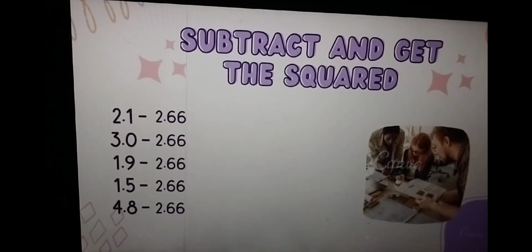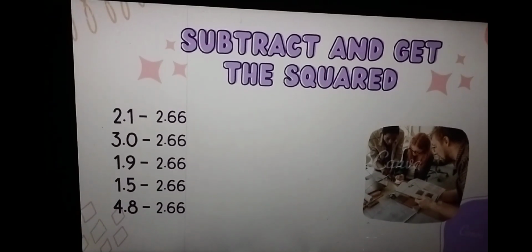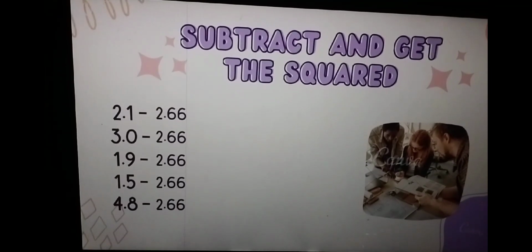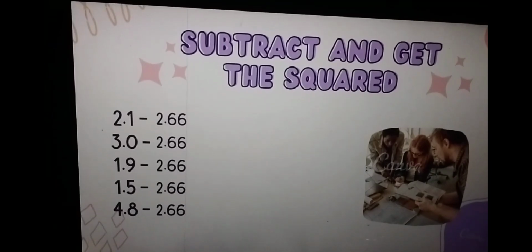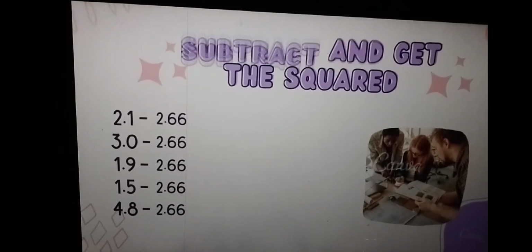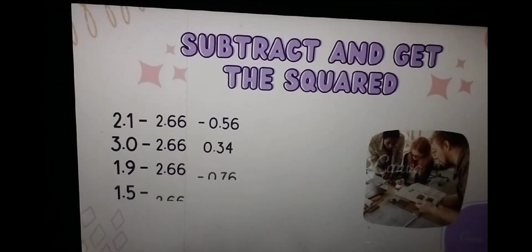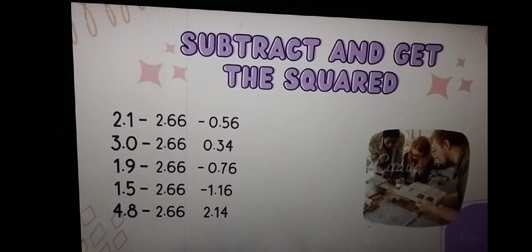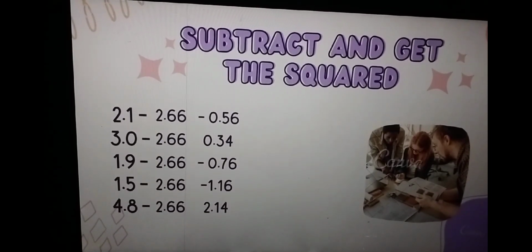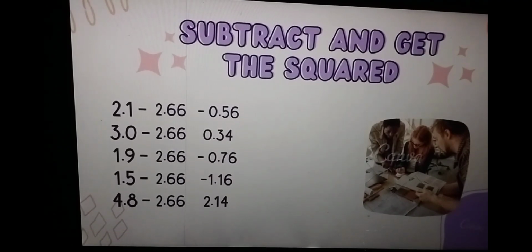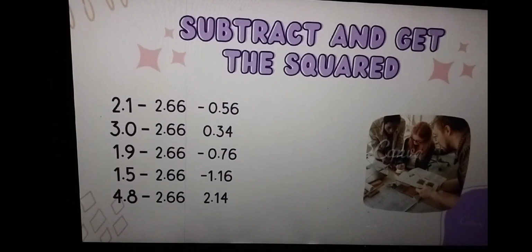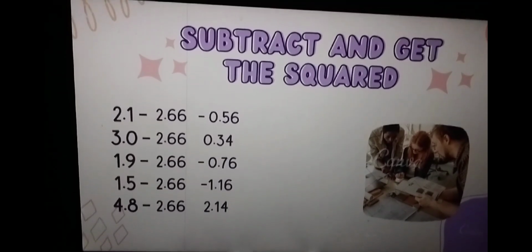Again, we have to subtract and get the squares. 2.1 minus 2.66, 3.0 minus 2.66, and so on. The answer to 2.1 minus 2.66 is negative 0.56, and as you can see, those are the answers we got.